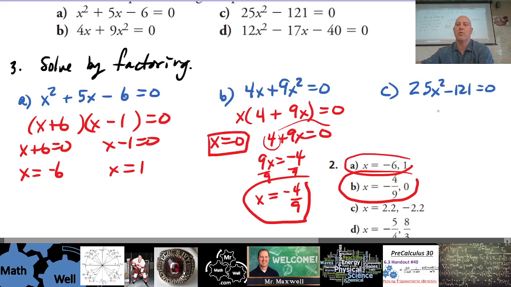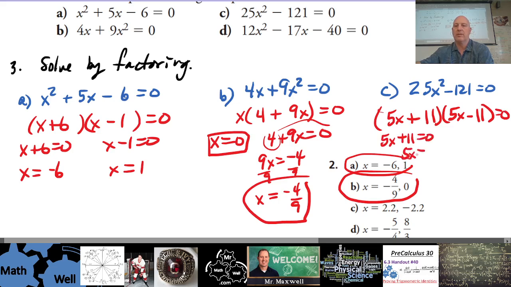And I'll just do one more over here on the side. This is a difference of squares, right? So this is 5x as your square root of the first one. And then 11 is the square root of 121. So one's plus, one's minus. So you let each of those equal 0, and you get 5x plus 11 equals 0. That's 5x equals 11. X equals 11 over 5. And 5x minus 11 equals 0.